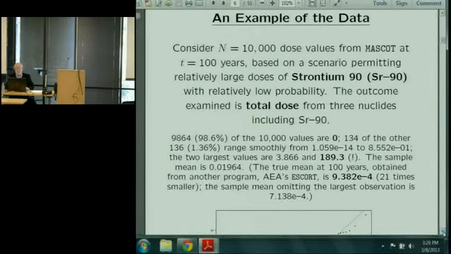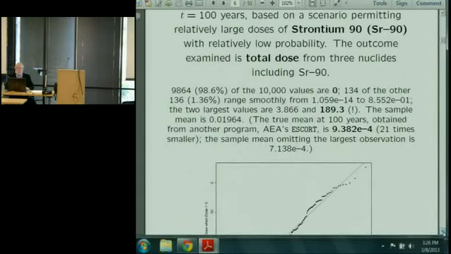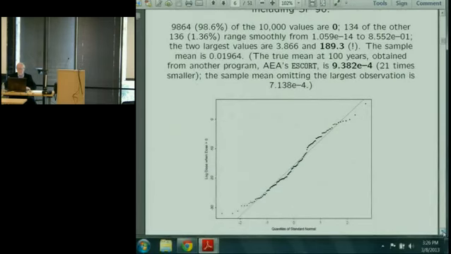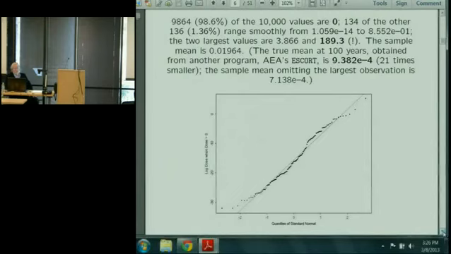And the outcome examined is total dose. There turned out to be 3 nuclides, including SR90. In this data set that was arrived at by running their PDE sampler with random inputs and getting random outputs, 9,864, in other words, 98.6% of the 10,000 values were hard zeros in the data.